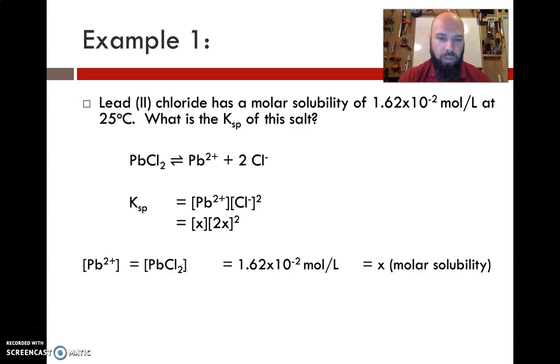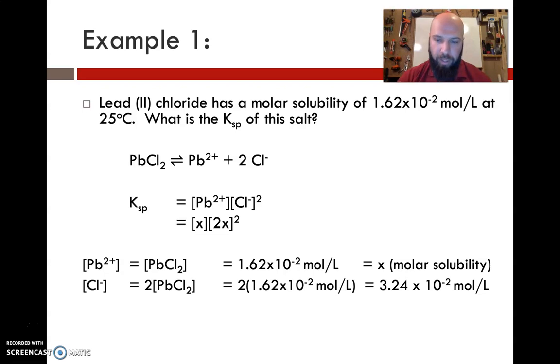So we could individually calculate the concentration of each of these ions by just multiplying the chlorine ion concentration by 2. You could also do math here and just combine like terms, and you'd have 4x cubed, and then just plug the molar solubility in for x, cube it, multiply it by 4, and that gives you your KSP.